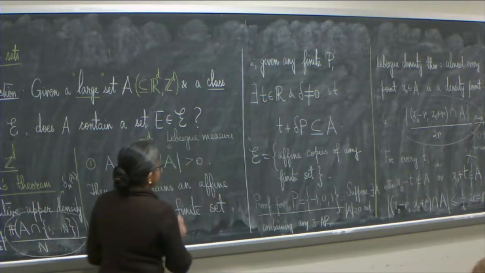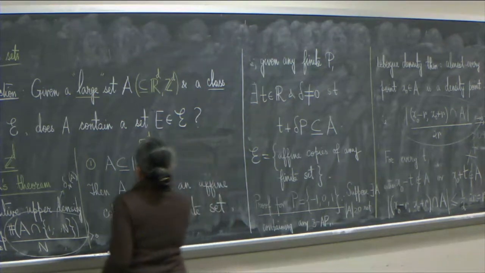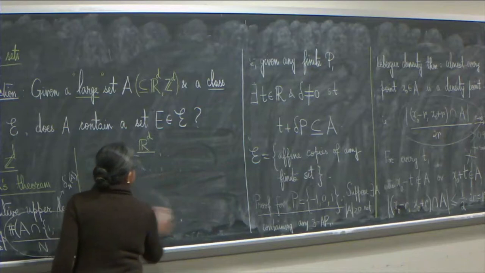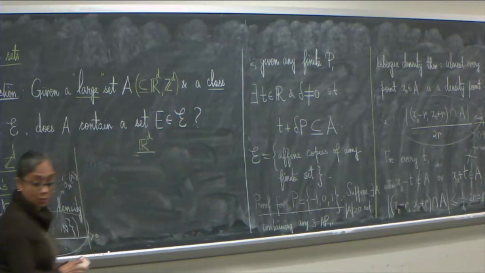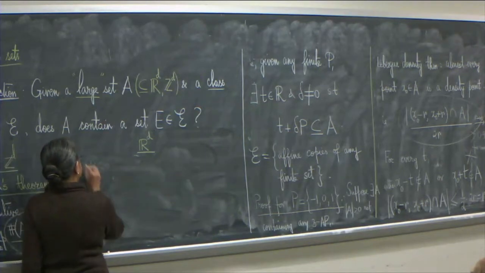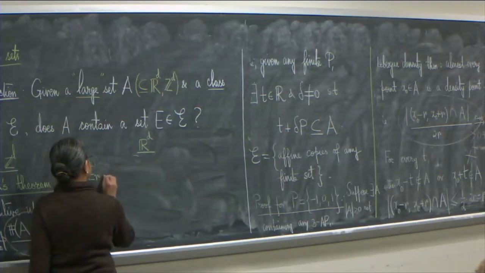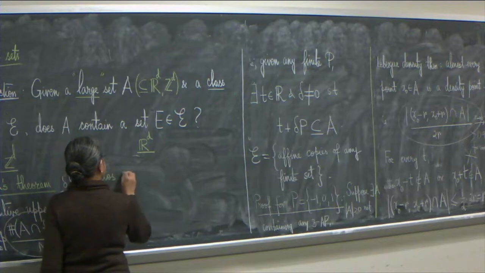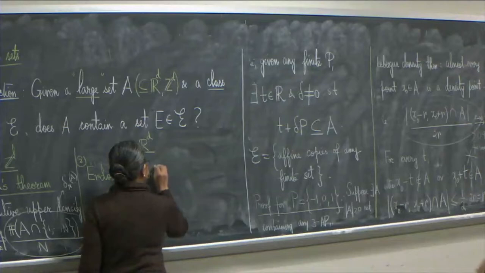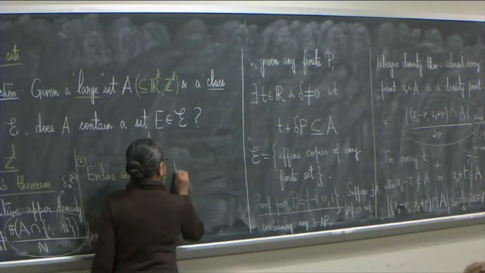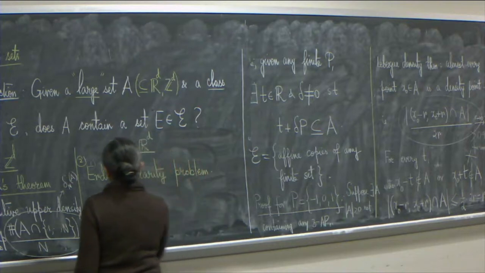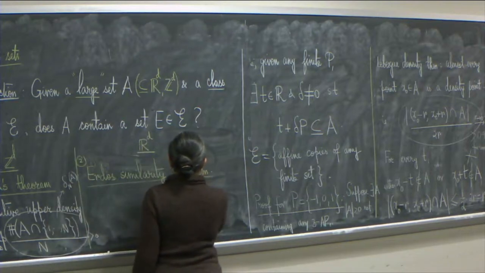It turns out that this extremely natural follow-up to this very simple proof is a long-standing open problem. It's called the Erdős similarity problem. And in fact, it's a conjecture.